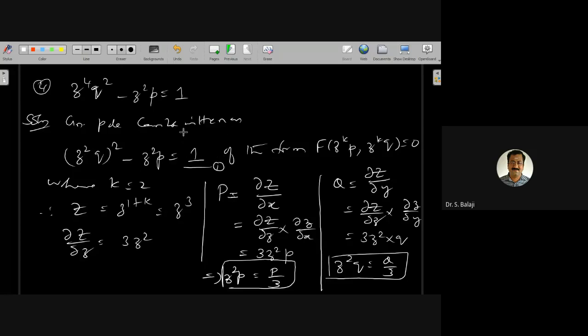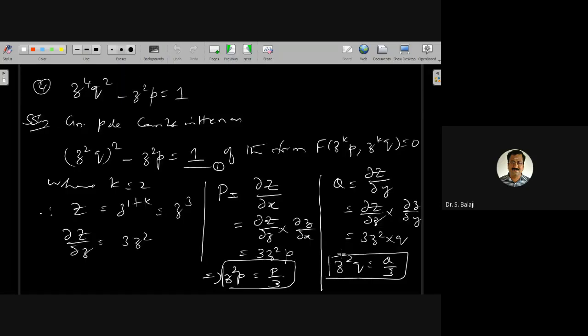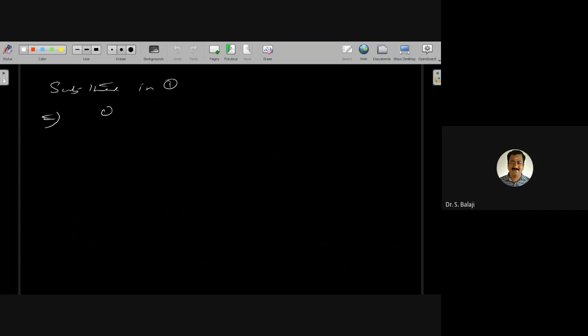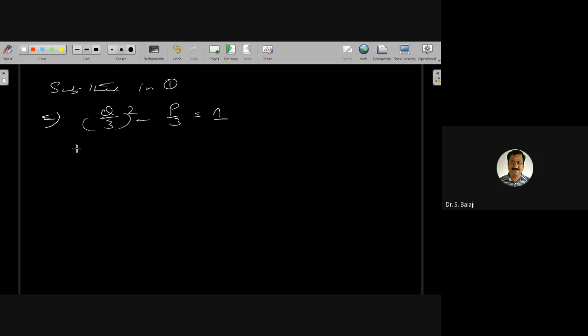Therefore, substitute in equation number 1. This implies P by 3 minus Q by 3 whole square, Q by 3 whole square first, minus P by 3, equals 1.